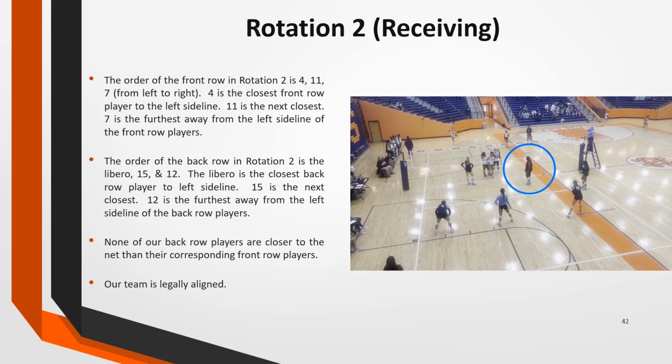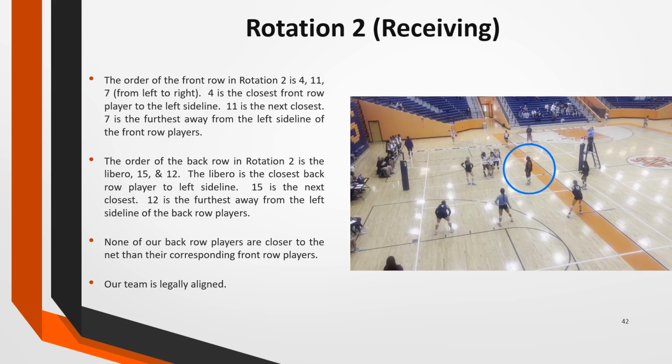Now let's take a look at the relationship between our front and back row players with respect to the net. Now, 4 is our left front. Our libero is our left back. Both look like they are about the same distance from the net.